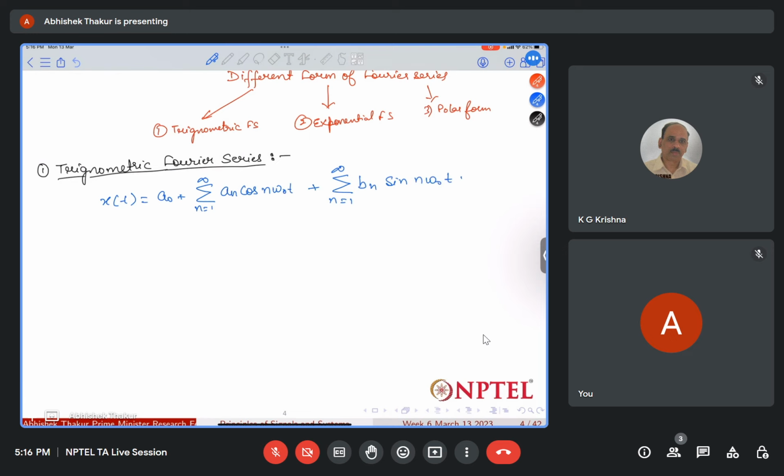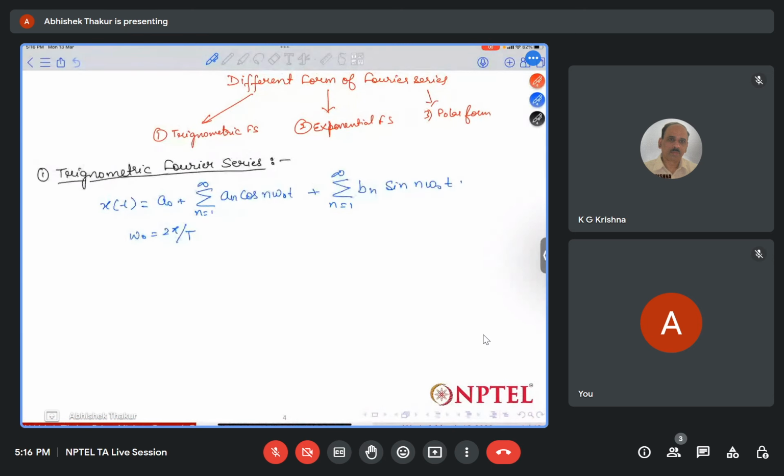Here omega naught is the fundamental frequency, that is 2 pi by T. Now we will see how to find a naught, a n, and b n, that is the coefficients in this.